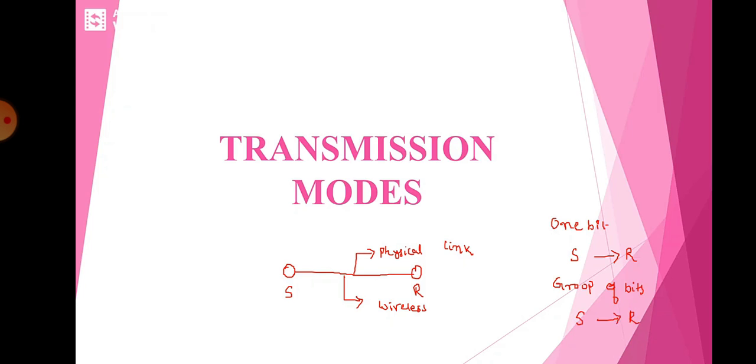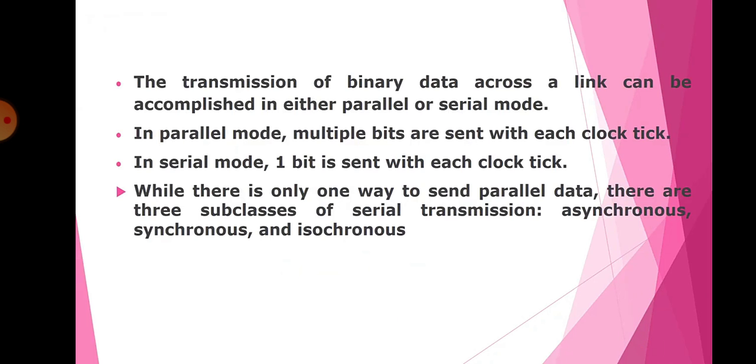And in some cases there will not be a single receiver, there may be a group of nodes. From the single sender, information can be transmitted to more than one receiver. The transmission of binary data across a link can be either parallel or serial mode.